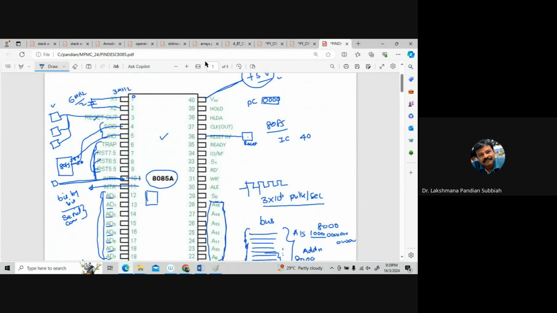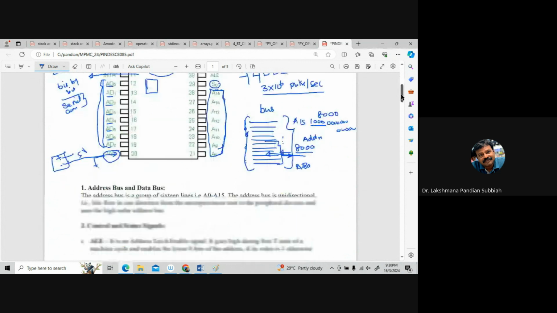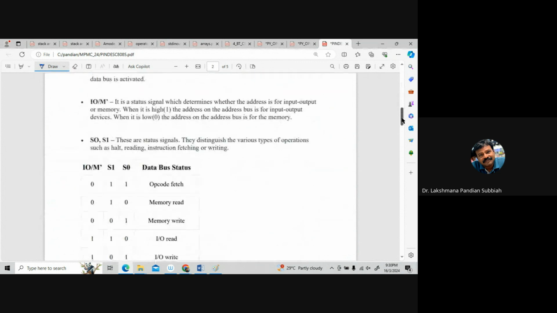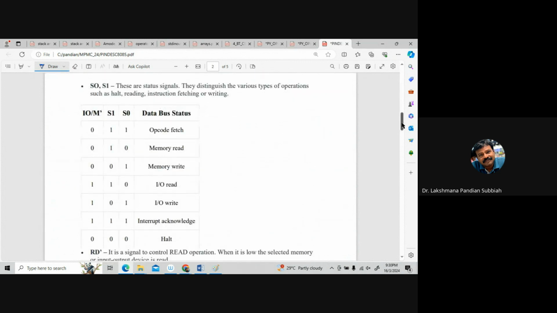Then here we have S0, S1 and IO/M, which we use for communication. So this is IO or memory.